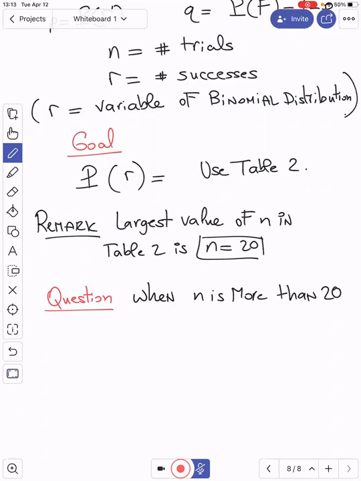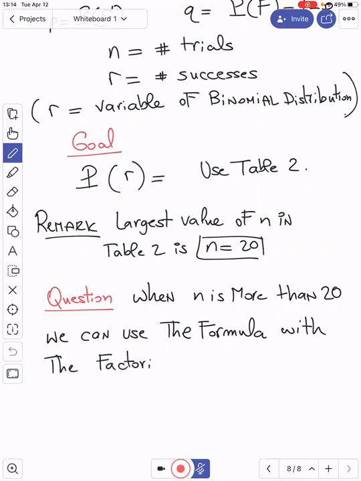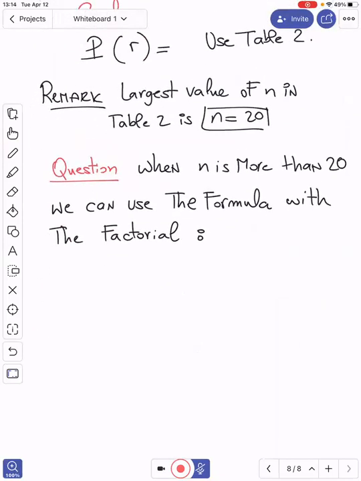Well, we can use the formula with the factorial. Let me remind you of the formula, but anyway, we won't use it.